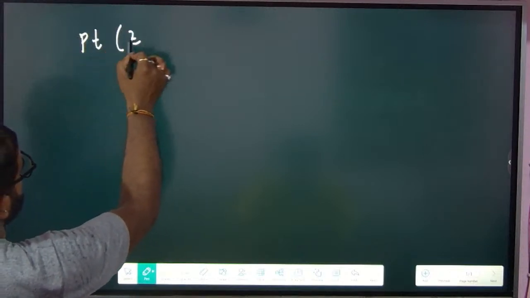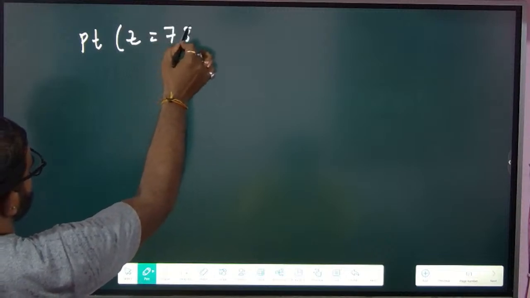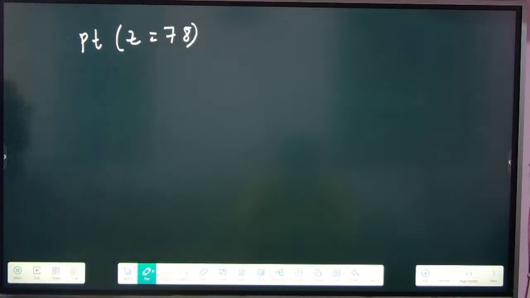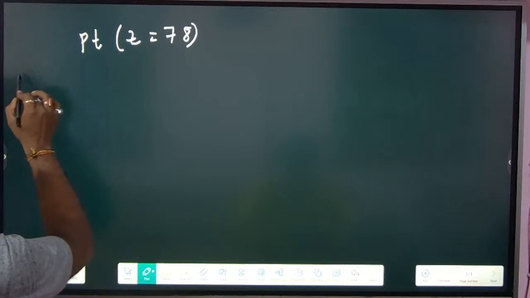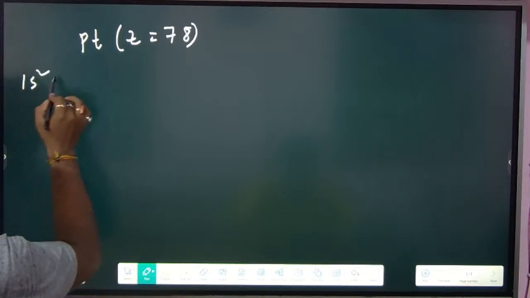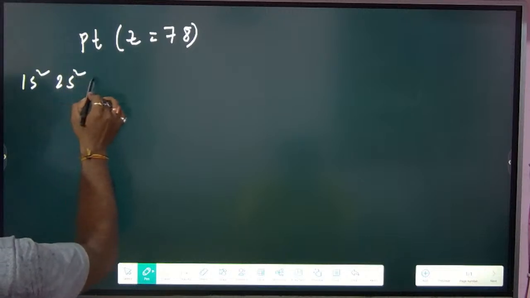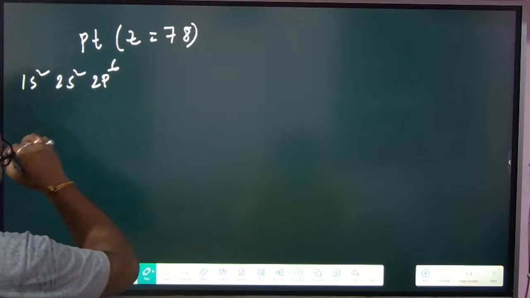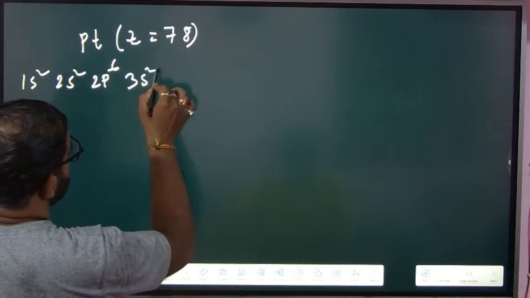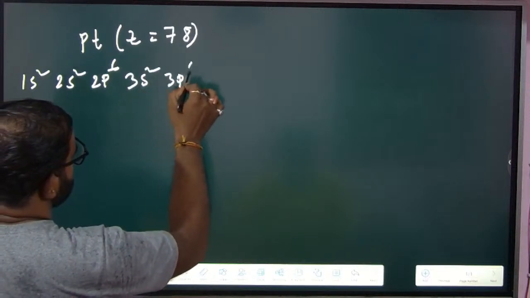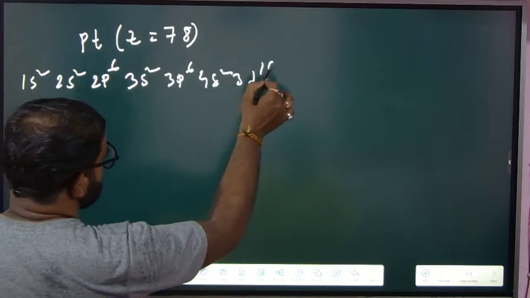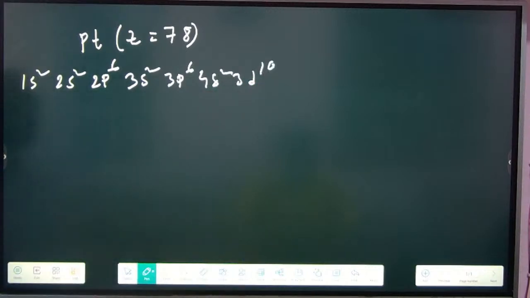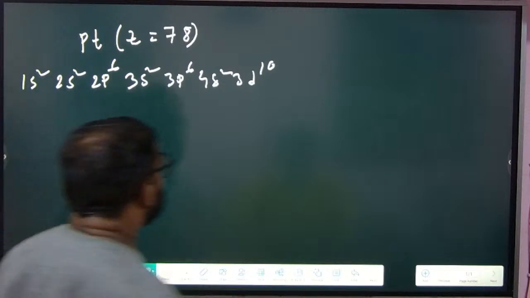The atomic number is what? 78. For this atom: 1s2, 2s2, 2p6, 3s2, 3p6, then 4s2, 3d10. Done for the first 30 atoms.